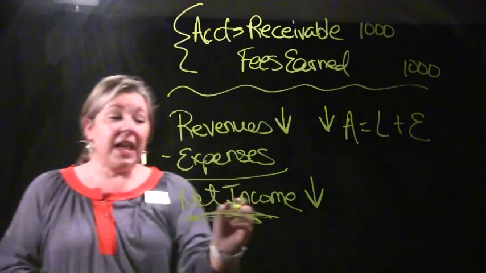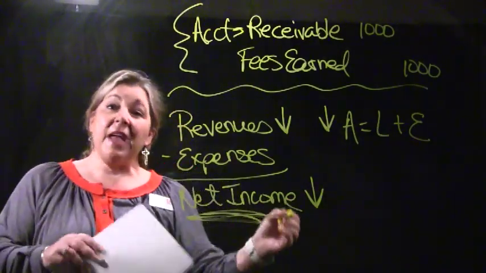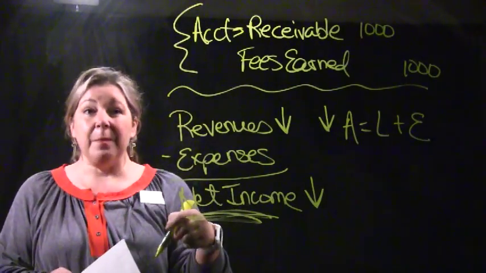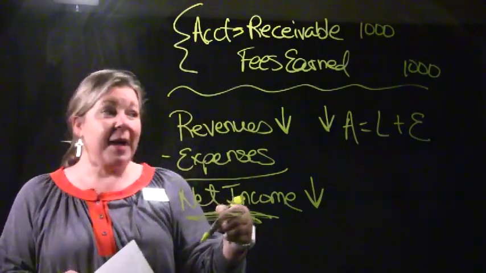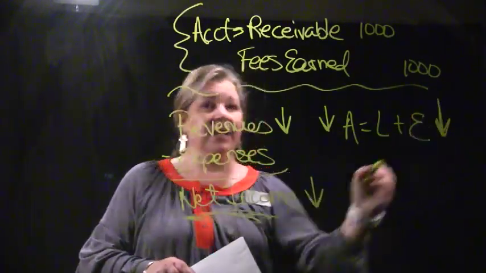So if we have understated net income, that means we added a lower number than we should have to our capital, which means on our balance sheet, equity will be understated.